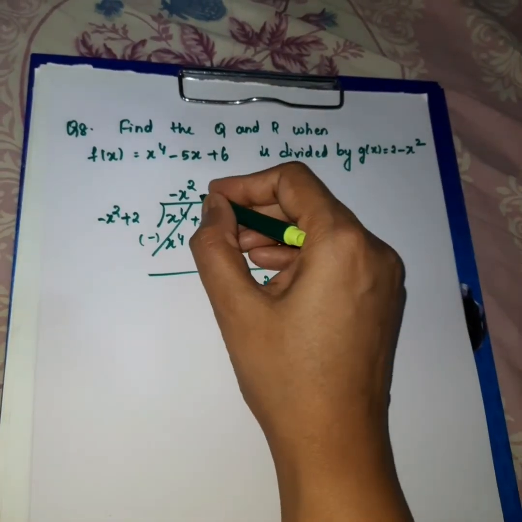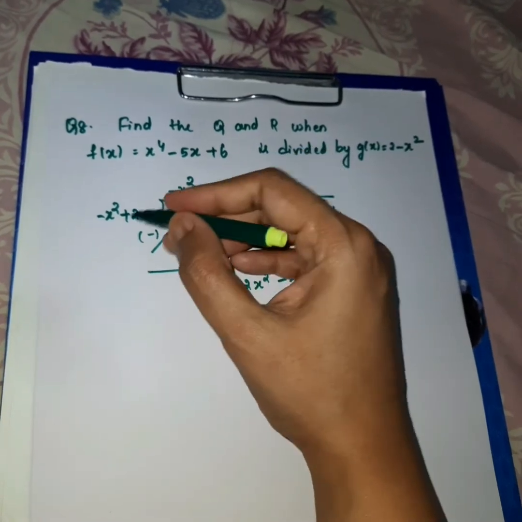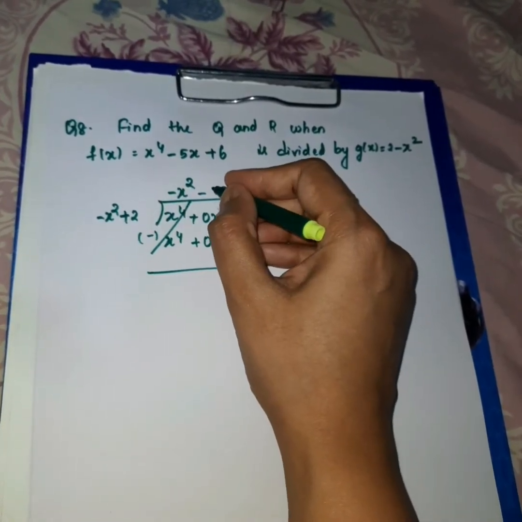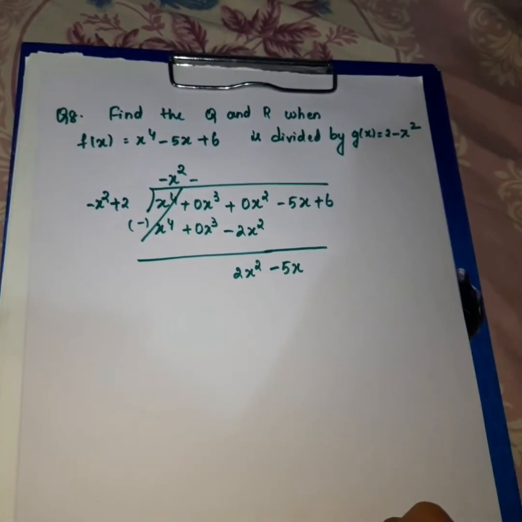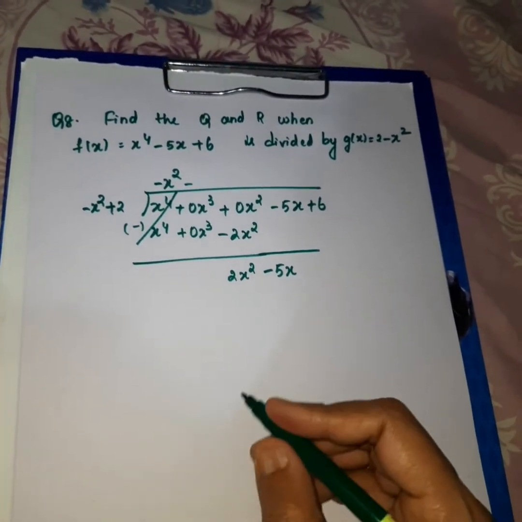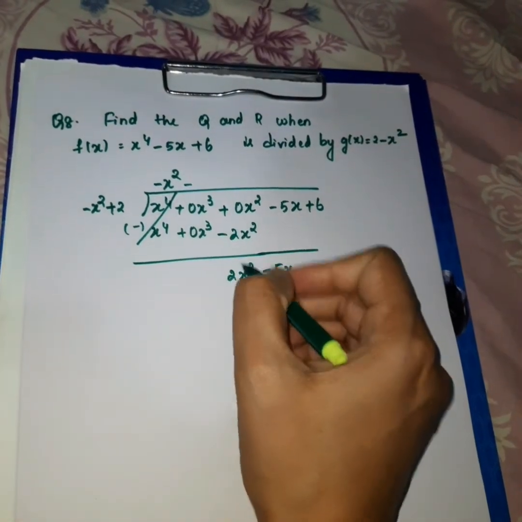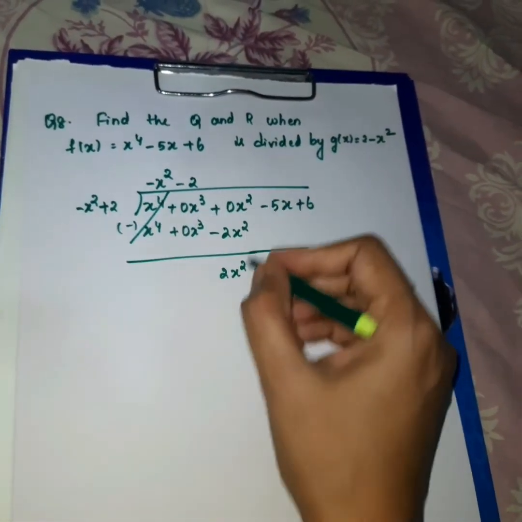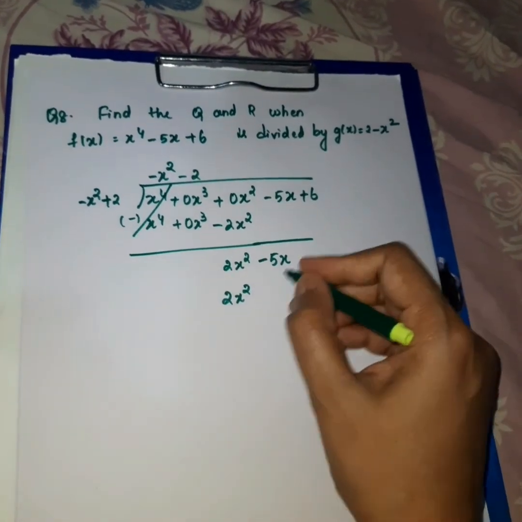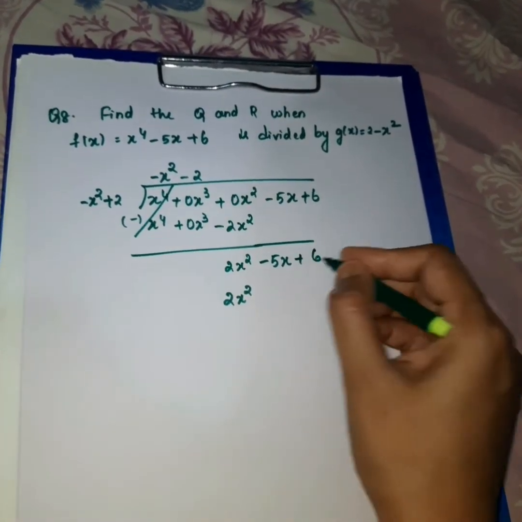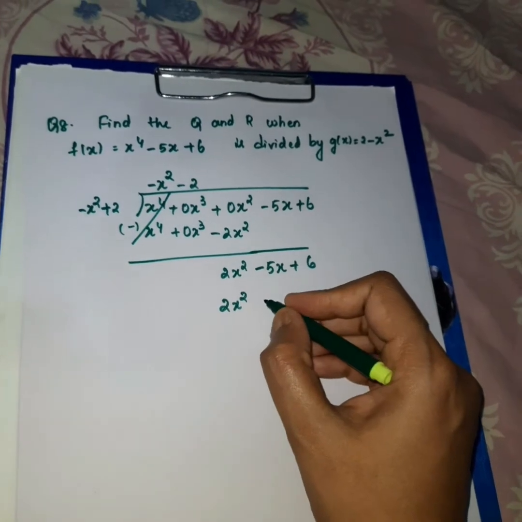So just by putting minus 2, it becomes minus into minus, plus 2x square. So for the quotient we need to just add minus 2. 2x square minus 4 is the constant value, no value for the x term.